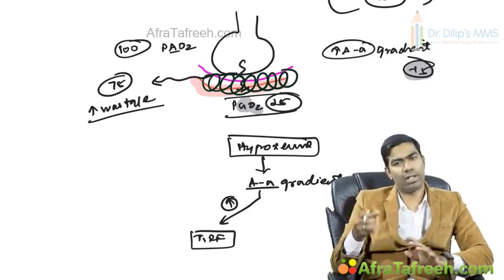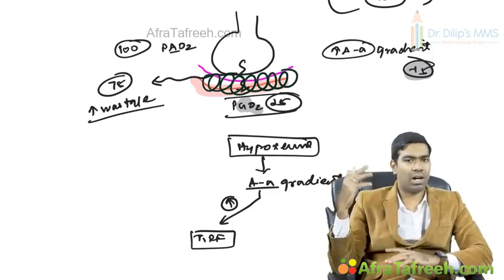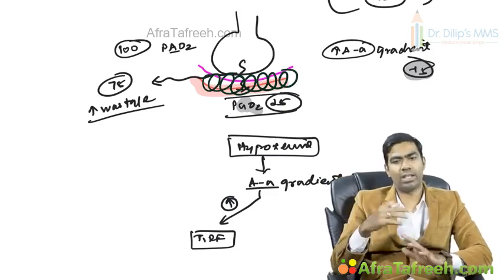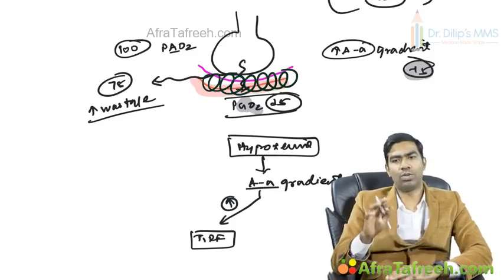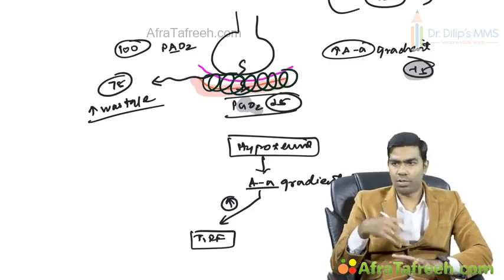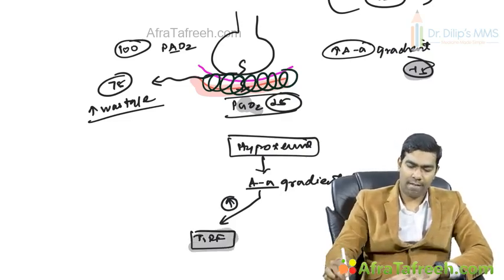Less than 12 is normal. But if it's more than 12, like 50, 60, 100, sometimes even in the 200s, definitely there is some problem in the diffusion area, or some problem in the perfusion of the blood. That is typical of a type 1 respiratory failure.